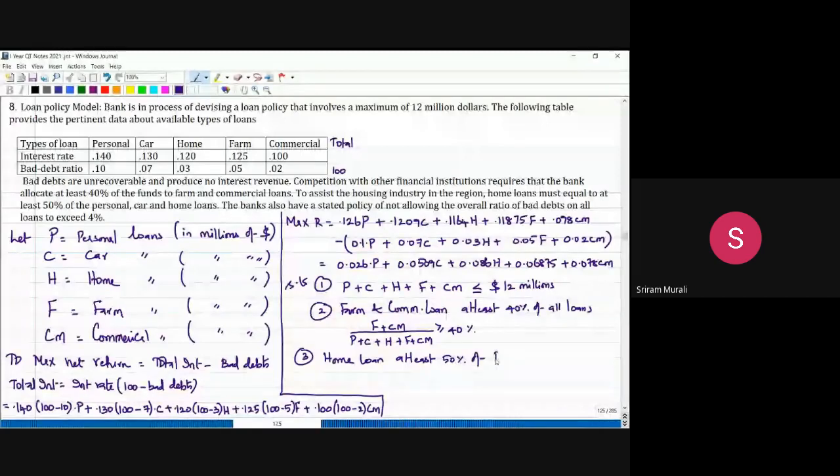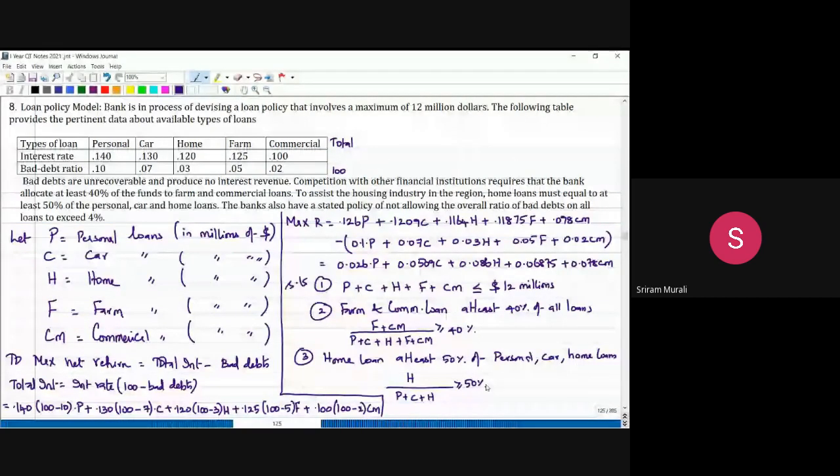Personal, car, and home loans. So you know X3, I mean the home loan, in the total of personal, car, and home should be a minimum of 50%.